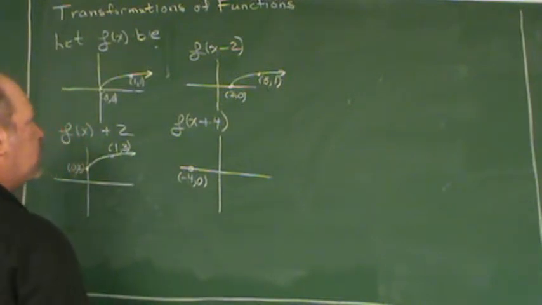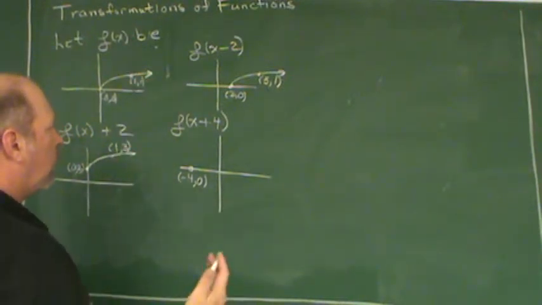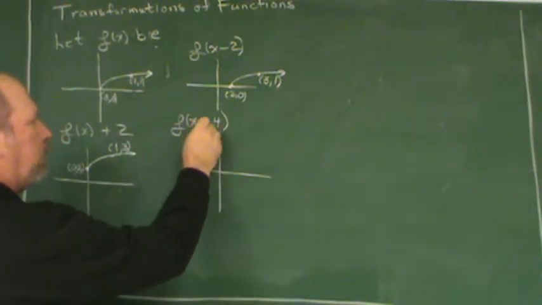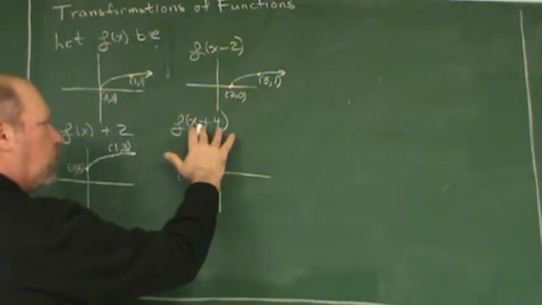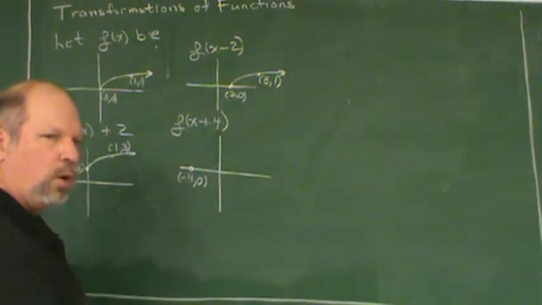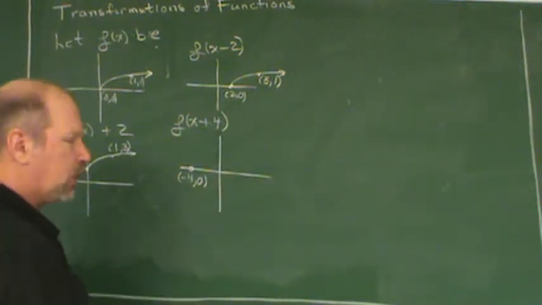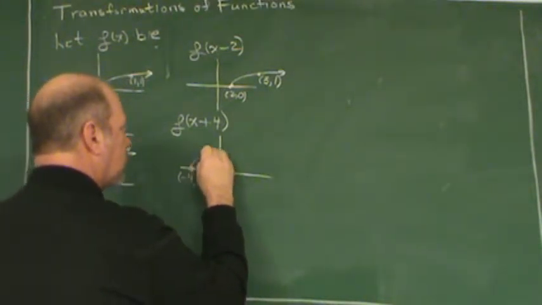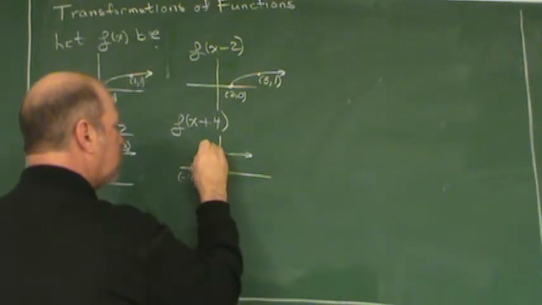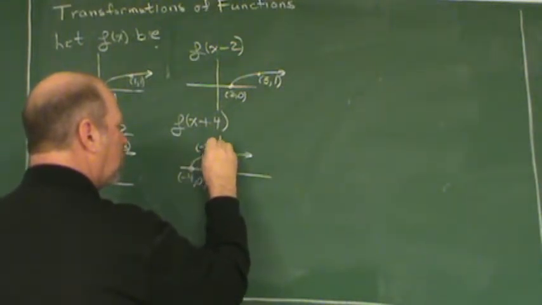The point that was at 1, 1, well, now what can I put in here that gives me a value of 1? In other words, x plus 4 equals 1, what's x? Well, negative 3. So this graph is going to look something like this, and this will be the point negative 3, 1.